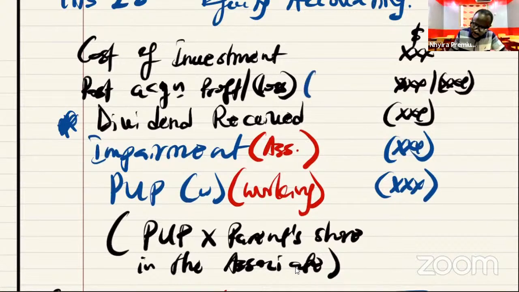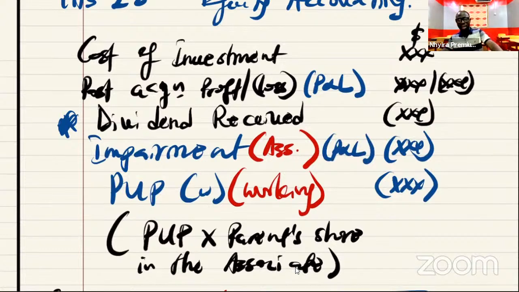Instead, it is the post-acquisition profit or loss that is taken to the P&L account. Again, if there is any impairment and we are preparing the consolidated P&L account, that will also go into the P&L account in that case. So that is the idea about this.